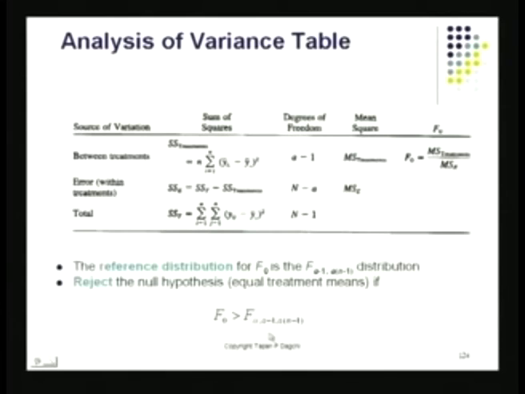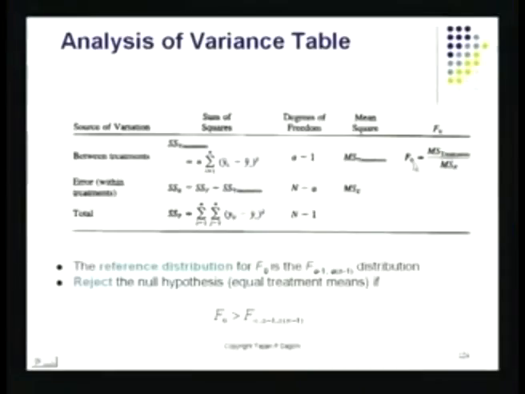This right hand side is coming from a table. And this table actually allows for a certain amount of type 1 error in test of hypothesis. I use my calculated ratio.